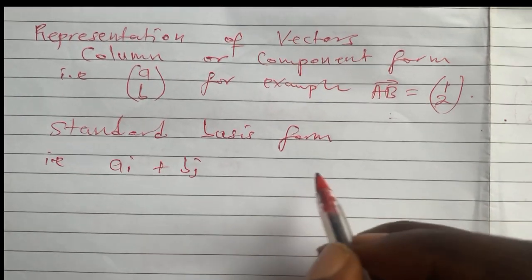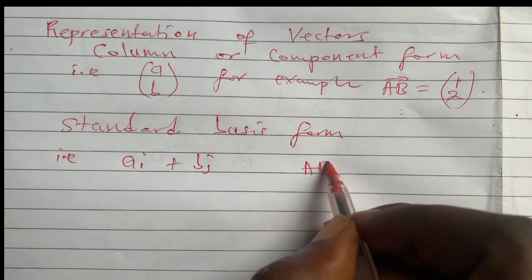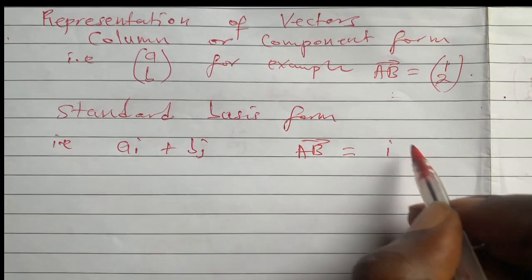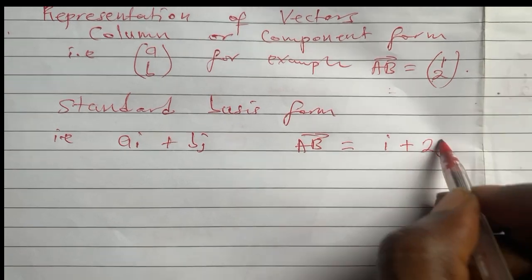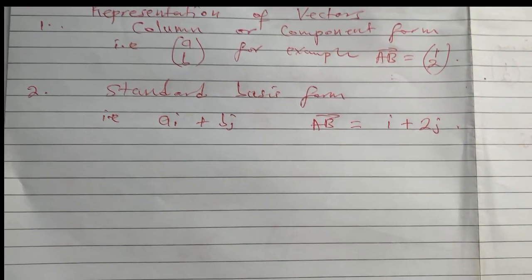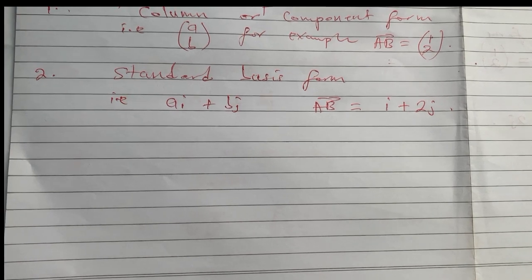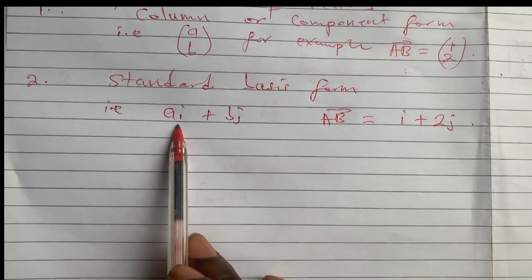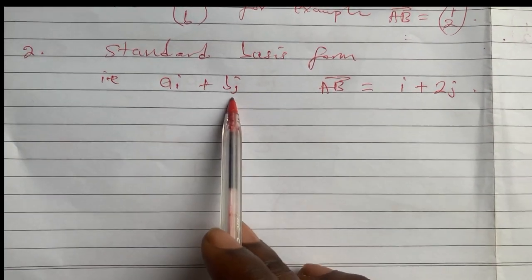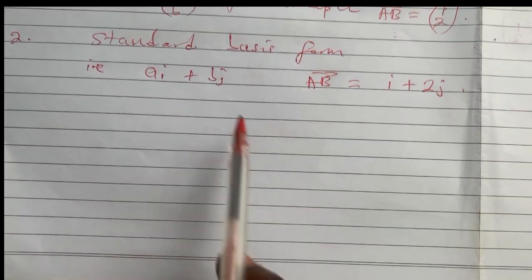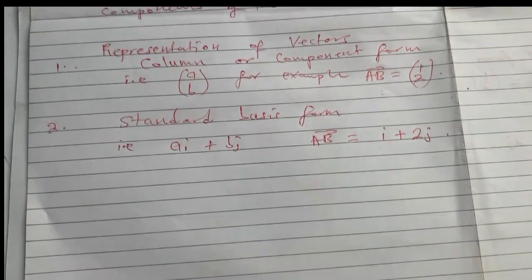So it is going to be AB equals i plus 2j. That is, we are introducing the dimensions into it: the i direction and then the j direction, when we are talking about the Cartesian plane. So in 2 dimensions, we have the i and the j in the Cartesian plane.